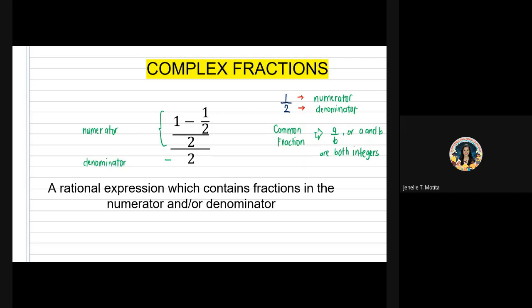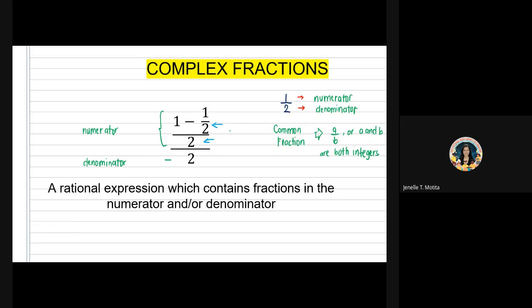So let's say that in your numerator, you have what we call minor denominators. You have this and this.